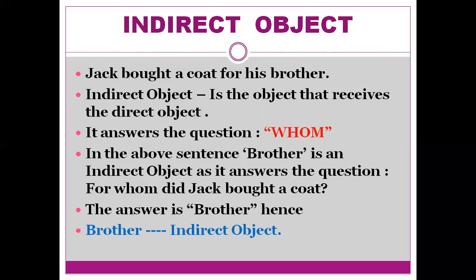Now in the same way, let us see what indirect objects are. I'll continue with the same example: Jack bought a coat for his brother. In this sentence, we have to find out what the indirect object is. An indirect object is the object that receives the direct object. And an indirect object will always answer the question whom. W-H-O-M, whom.